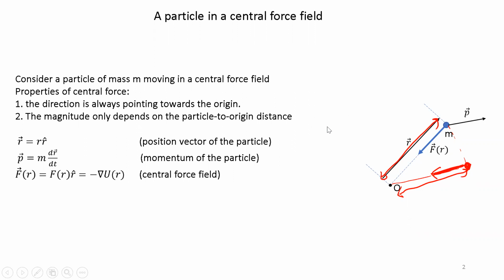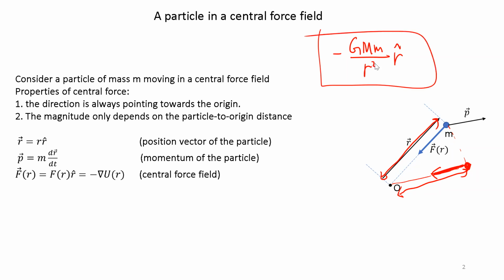Now, mathematically, you could see that for this kind of force, you only need to use the coordinate r to describe its magnitude, but not the theta coordinate. So that's a central force. For example, the gravitational force will be this, something that you have seen before.